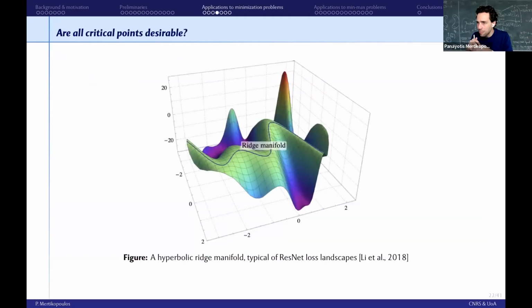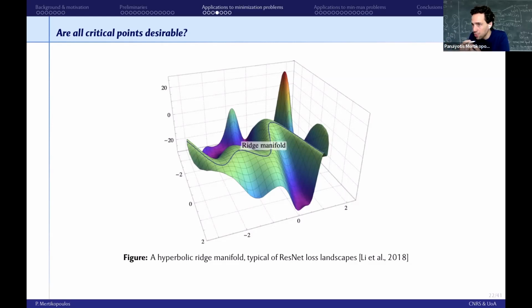But at the same time, if we have a complicated non-convex landscape, we could also have entire manifolds of undesirable solutions, like ridge manifolds here, meaning a manifold of maximum points, or also saddle points, etc., etc. And of course, not all these points are desirable from a minimization perspective.